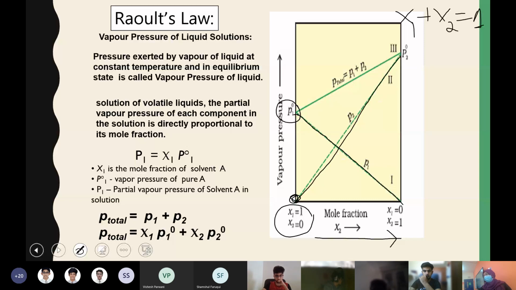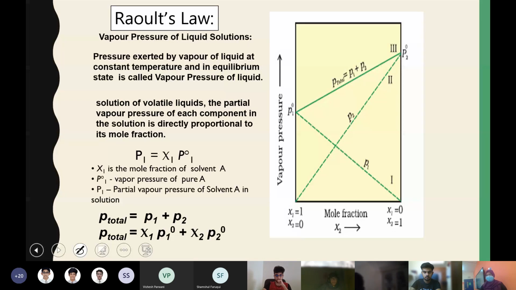P1 started decreasing because P1 was the only component in the beginning, so it was at its highest, the purest value possible. When you start adding solute as another liquid, the vapor pressure decreases for the first component, but the vapor pressure of the second component starts increasing. That is what's seen in this graph.